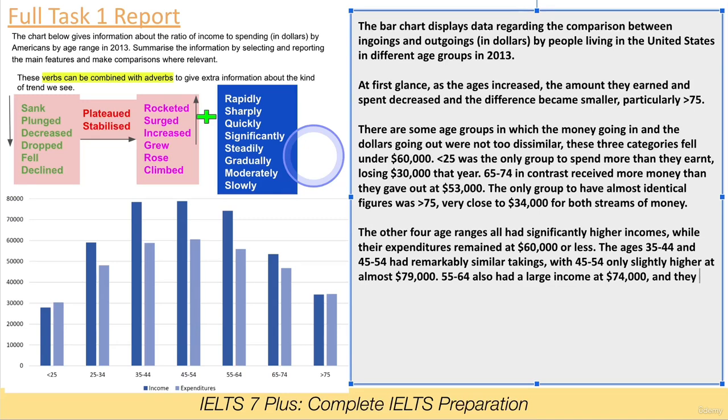And they spent around 56,000. How could we describe the money being removed? Be lost, maybe?